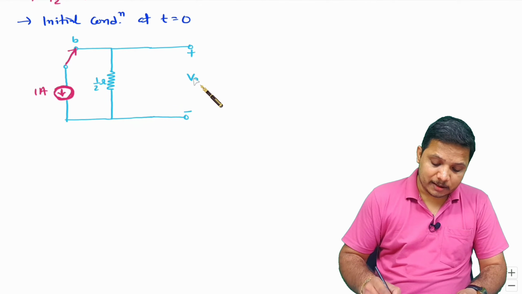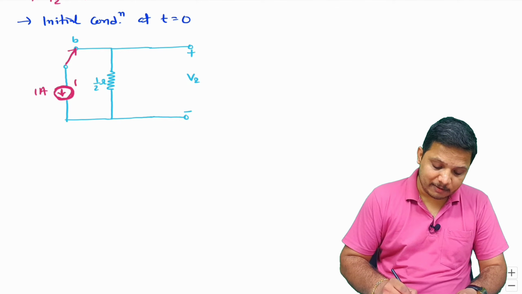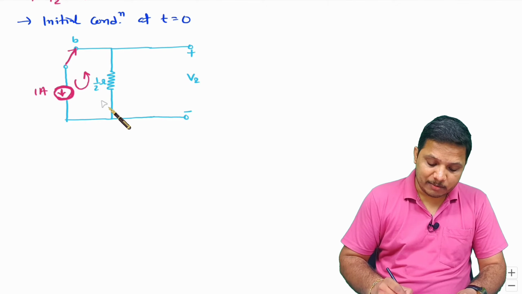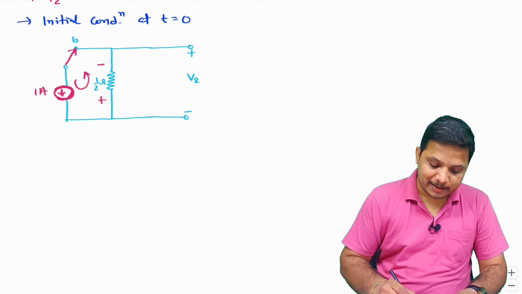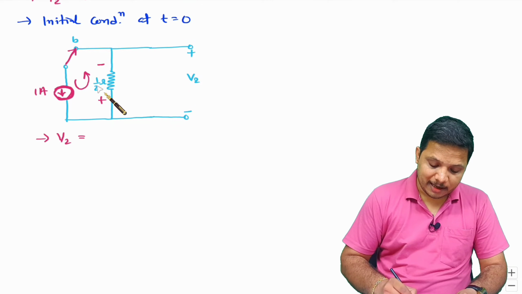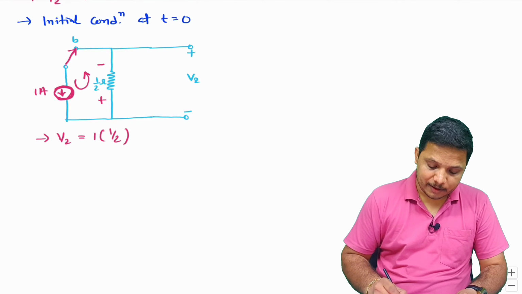So what it means, this value of V2 will be negative. The reason is, see, the current will be flowing like this, right? So across this half ohm resistor, voltage will be plus minus like this, and that voltage will be I into R. I is 1 and R is half, right?